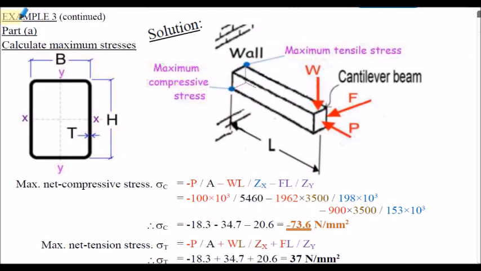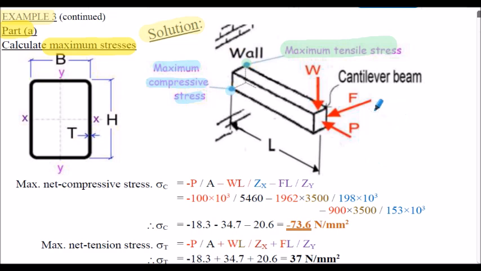So example 3, solution continued. This is now part A. We have to calculate the maximum stresses at the wall. Now, the maximum tensile stress at the wall will occur at this location here, and the maximum compressive stress will occur at this location at the wall.